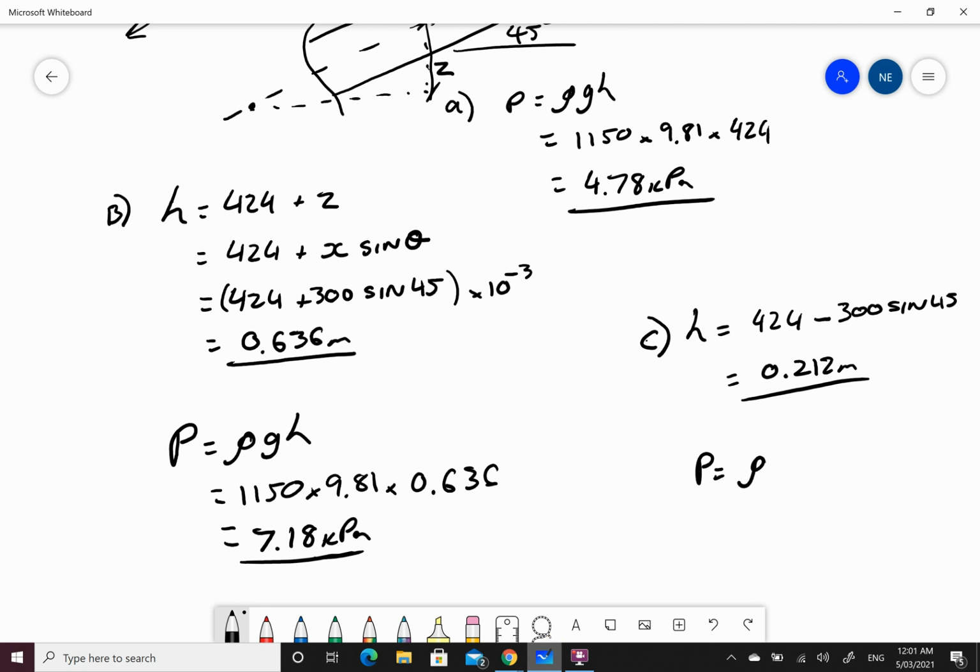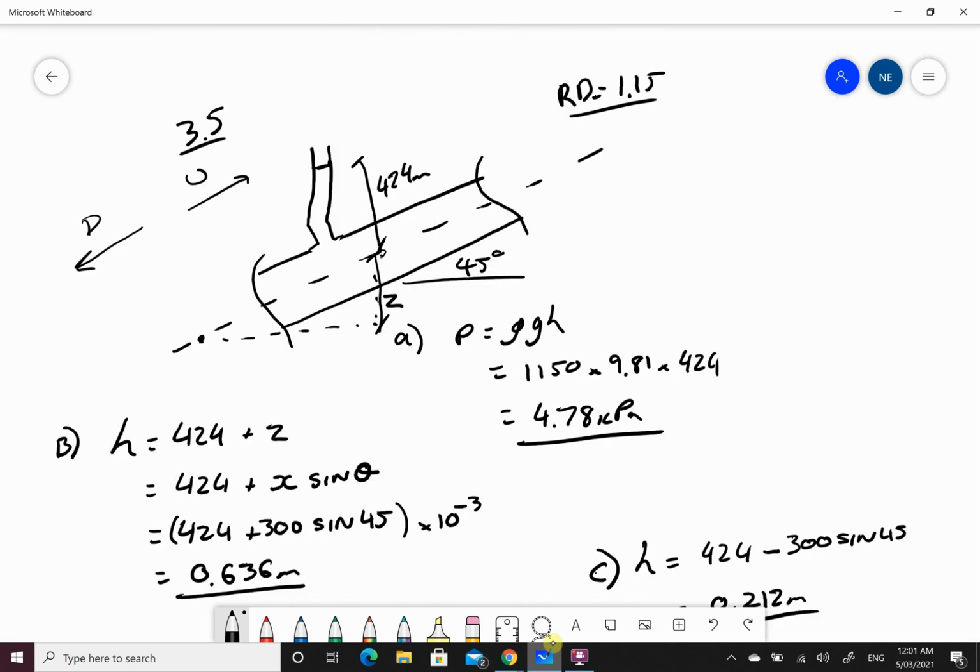P is equal to rho g h: 1150 by 9.81 by 0.212, which is 2.39 kPa, going the other direction.